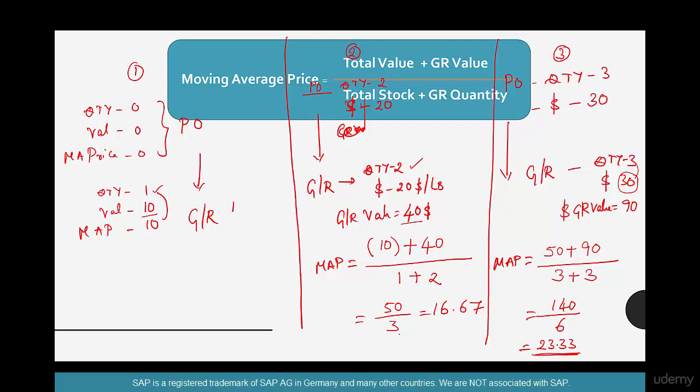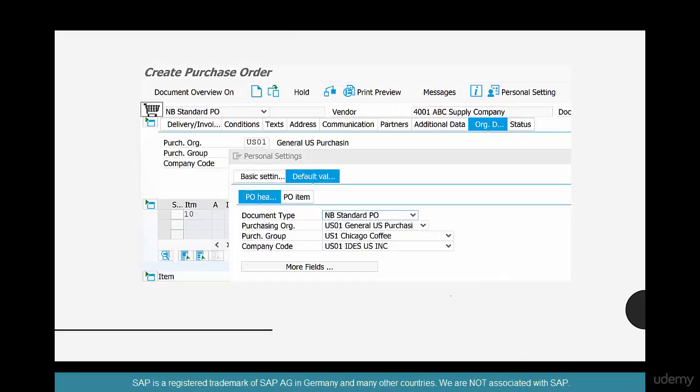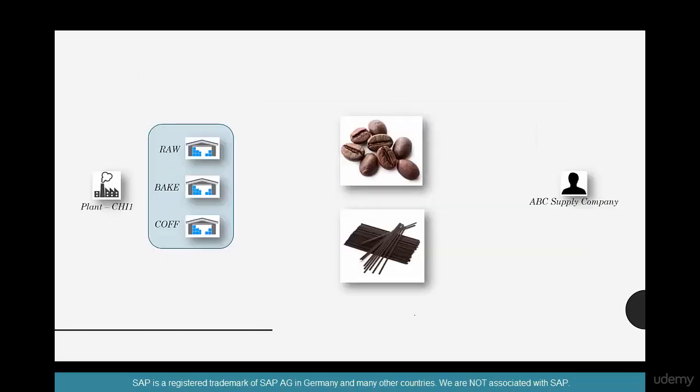So that's the formula to compute the moving average price. And this is how you set the defaults. Go to personal settings, and all settings in the header are in the header section, like purchase org, purchase group, company codes, and all settings in the item are in the PO item. So once you set that, go back and come again, and all your settings will be saved, and those values will be defaulted every time you create a purchase order.